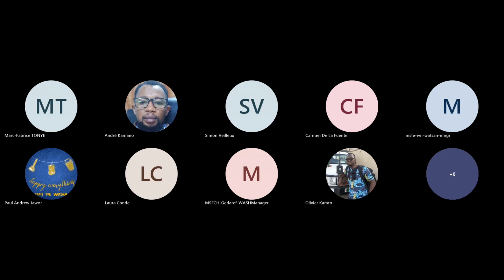Yeah, so that was the question, Olivier. Is there something you can do, once you've done the test and you don't have enough water, to increase the yield that this borehole gives you?